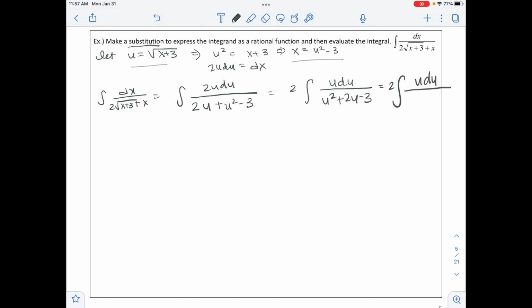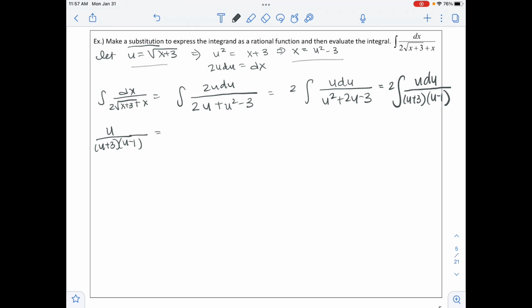I also want to note really quick that long division isn't going to work because the degree in our numerator is less than the degree in the denominator. And u squared plus 2u minus 3 factors to u plus 3 times u minus 1. And from here, I know that I can separate this. And so I have u over u plus 3, u minus 1.